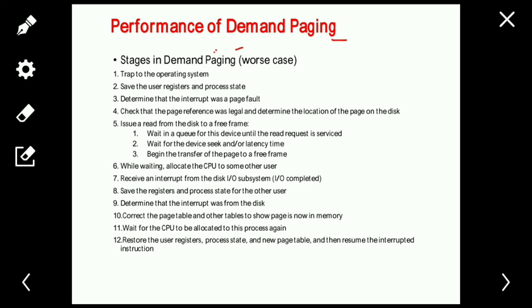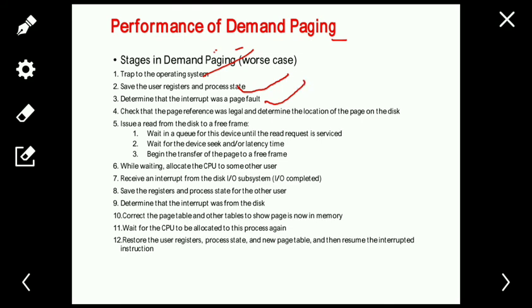Now the steps in demand paging. If the instruction is not available in the main memory, then it sends a trap to the OS and saves the user registers and process state, and it determines the interrupt as a page fault.